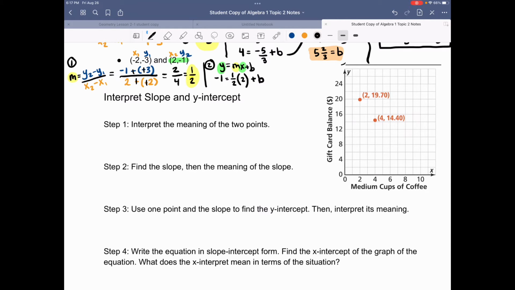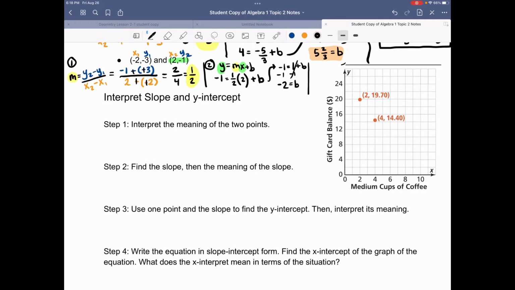Well, 1/2 of 2 is 1, so we'll write -1 equals 1 plus b, because the 1/2 times 2 is just 1. Then we will minus 1 on both sides of the equation, and -1 minus 1 is -2. These cancel, leaving us with b equals -2.